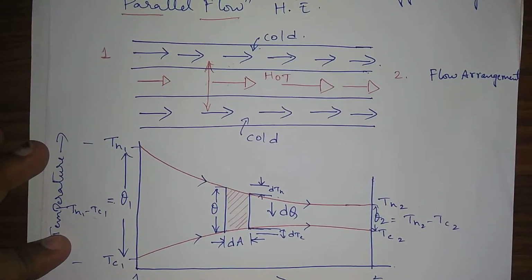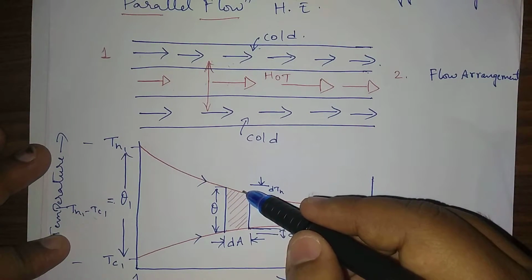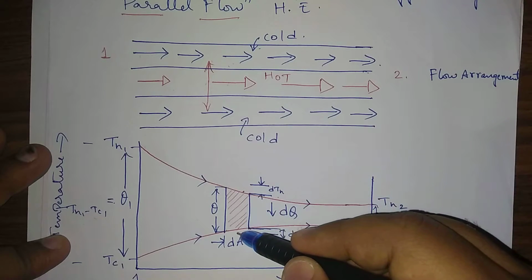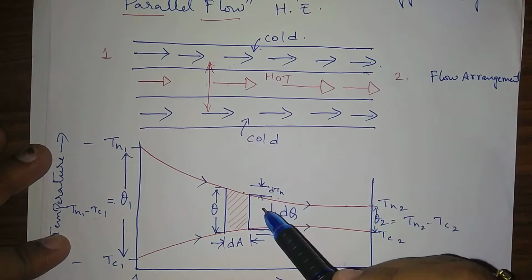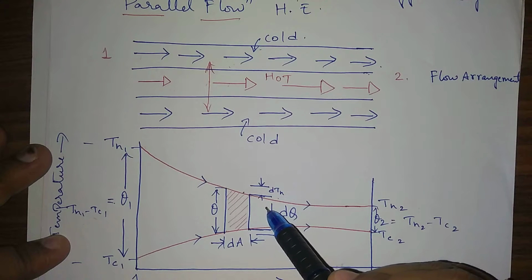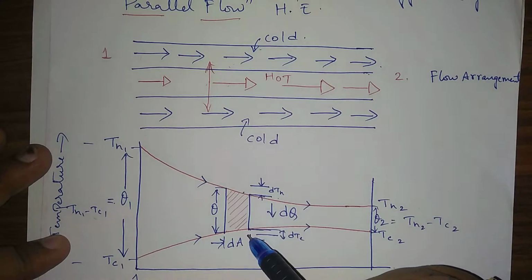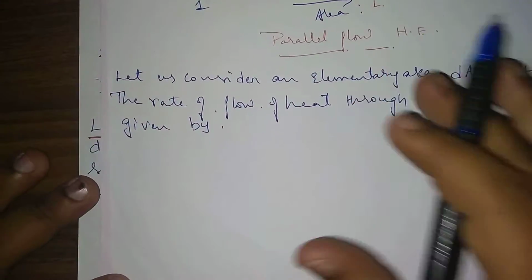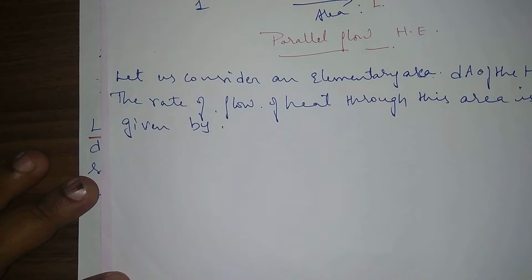Now what is happening here? The heat is transferring from the hot fluid to the cold fluid. If you consider a small elementary area, at some point you have a temperature TH and TC. So basically the heat flow is hA delta T, correct?